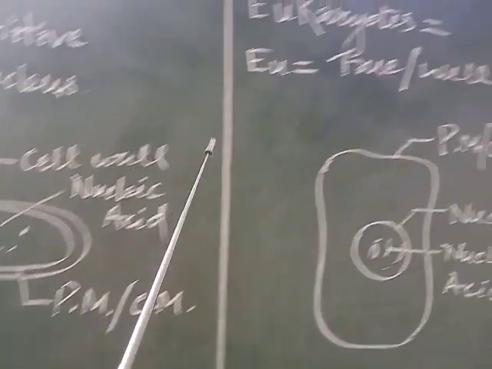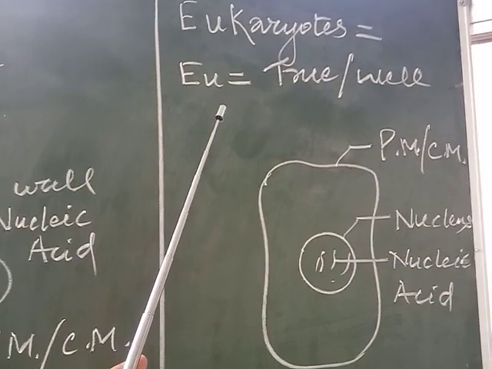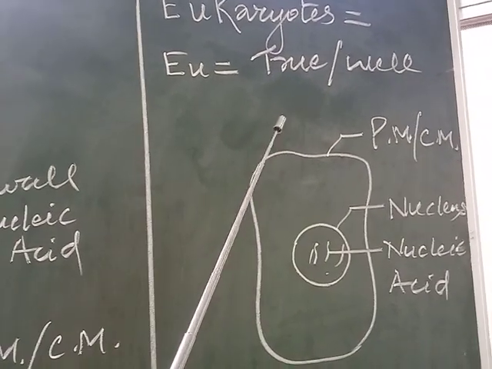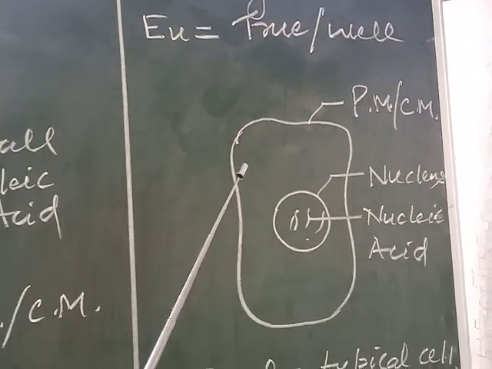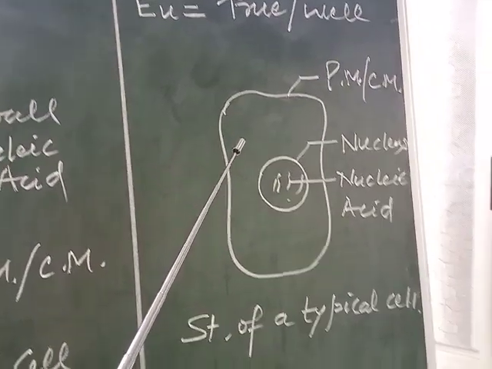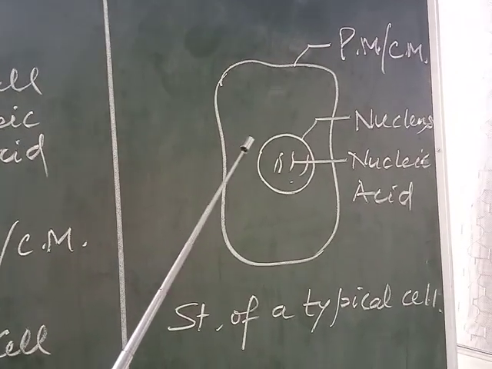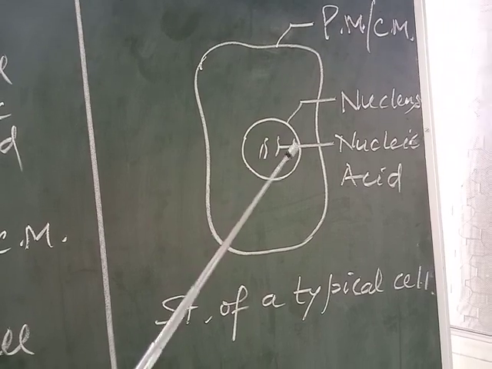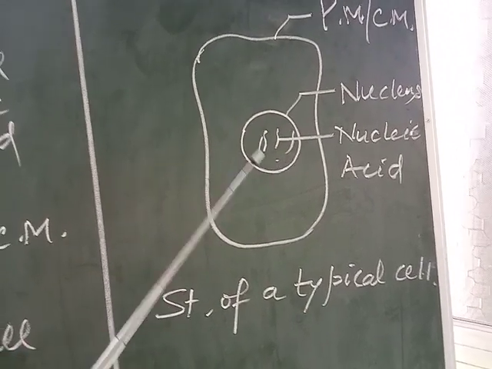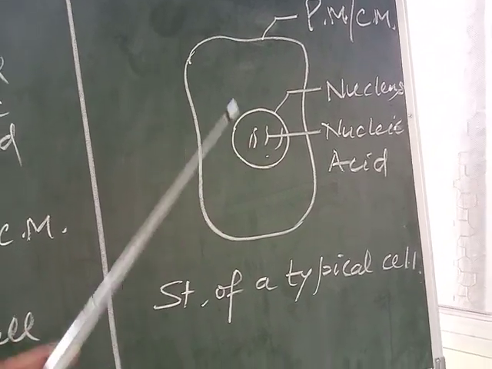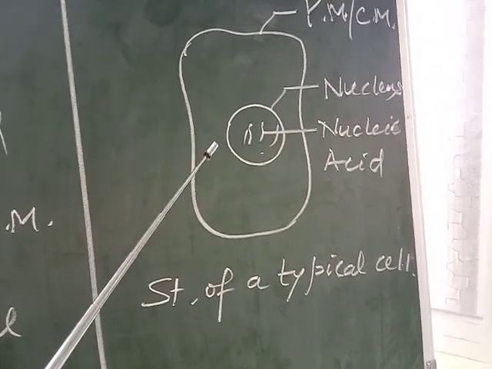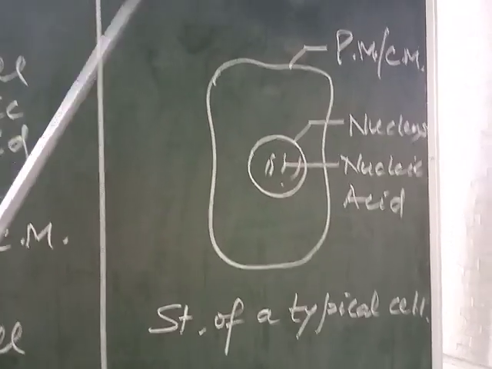Whereas eukaryotes, eu means true or well, and karyon means nucleus, are cells having a true nucleus, where the nucleic acids are bounded within a nuclear membrane, along with other membrane-bound organelles. Those are called eukaryotes.